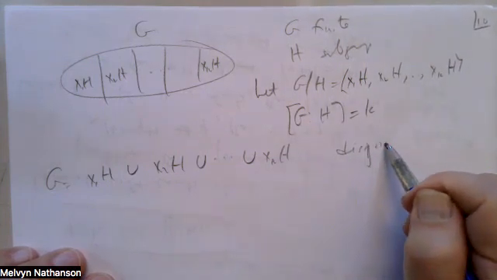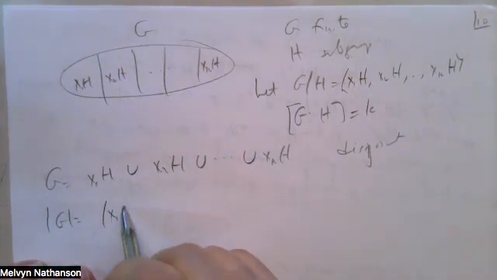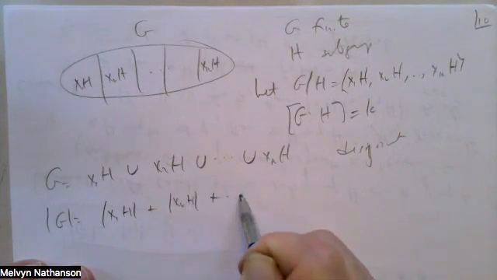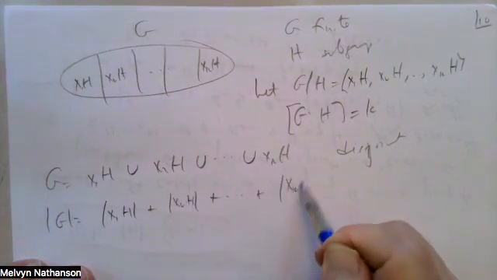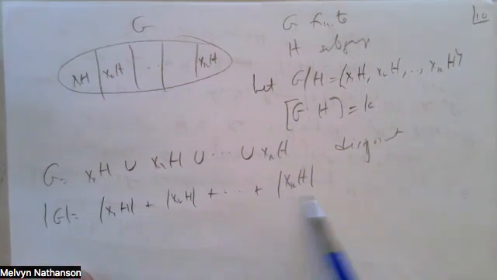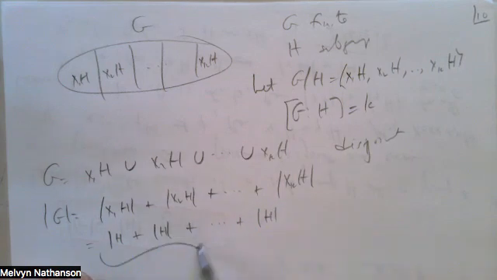These sets are disjoint. So the cardinality of G is the sum of the number of elements in each left coset. But these all have the same number of elements, cardinality of H elements. And I have exactly k summands here.